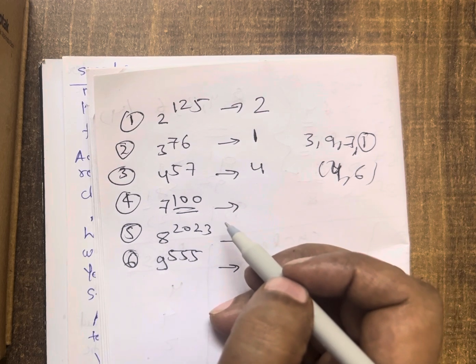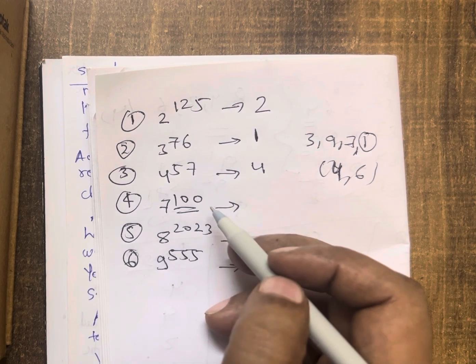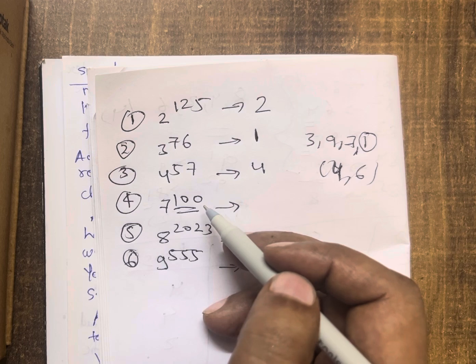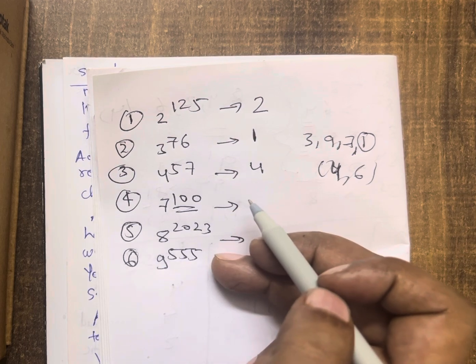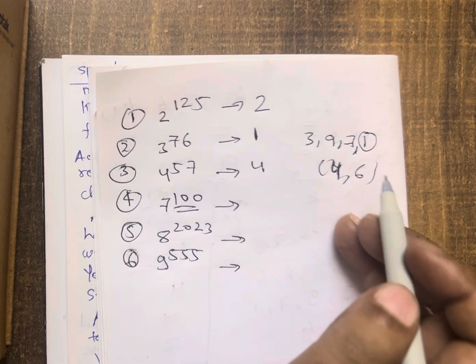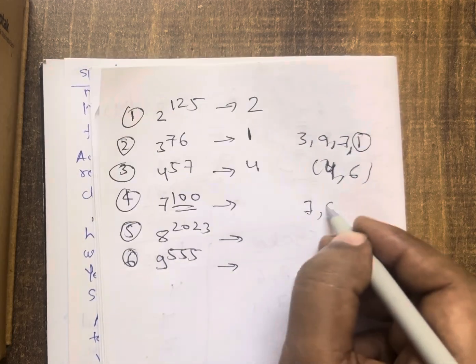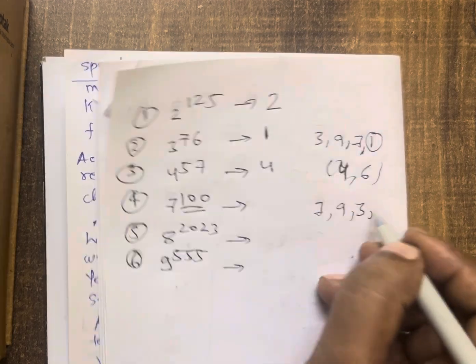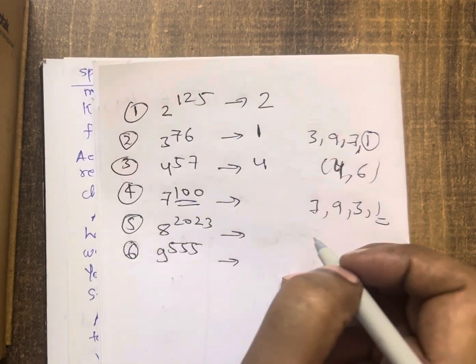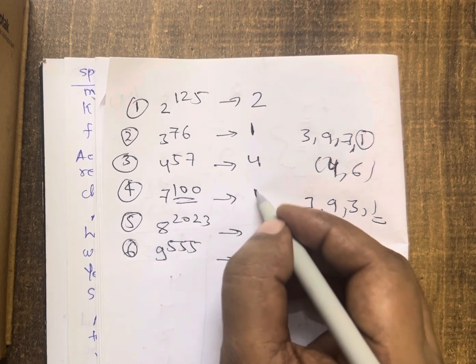So if you divide this by 4, remainder will be 0, and you know what is the last of 7's cyclicity? 7, 9, 3, 1. So 1 is at the last, so the last digit for it will be 1.